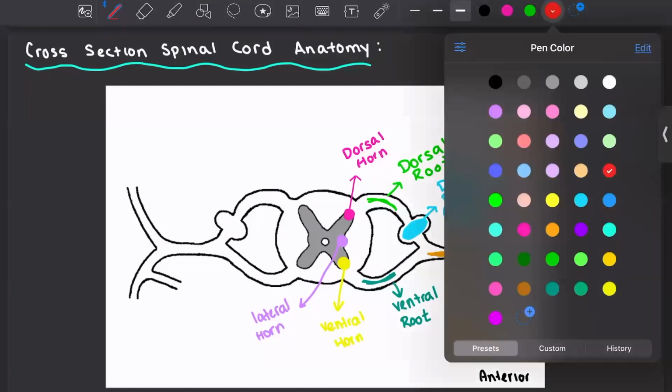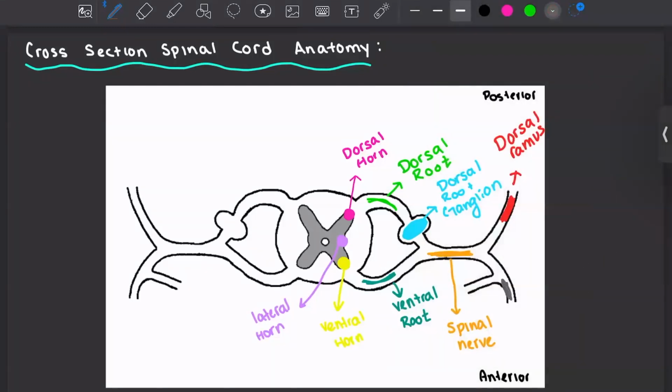And then as you can guess, this other side is going to be the ventral ramus. So I'm not going to talk about these structures in too much detail. I really just wanted to show the actual anatomy of a cross section. And this is obviously a schematic picture. It's not like a real life. So these are the structures of the cross section of a spinal cord.